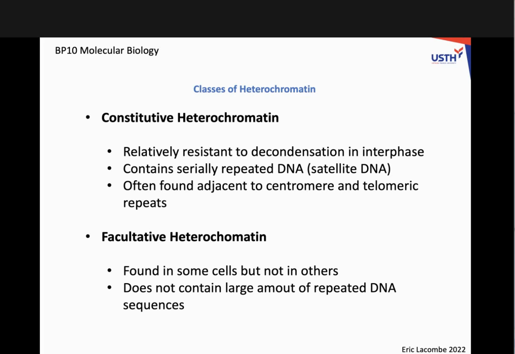And then, as soon as replication or meiosis is finished, all this constitutive heterochromatin is compact again. So there is a kind of window of time during replication where the heterochromatin is naked, and it's at this time that the transposon can jump from one place to another place. Is it okay? Do you understand?